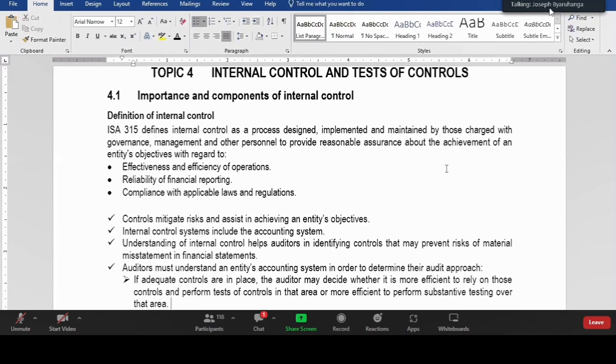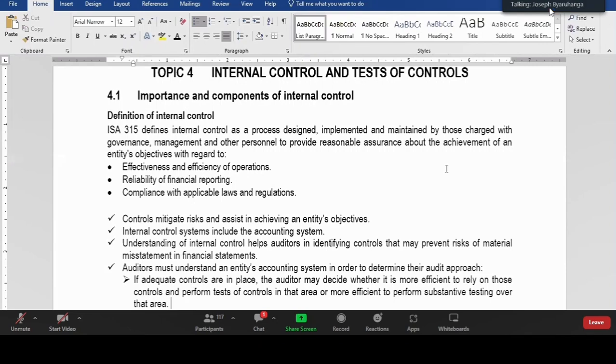Now, internal control systems include the accounting system. So internal control is bigger than accounting. We are just looking at the whole entity, and there are many systems, including the accounting system. But of course, since we are auditing financial statements, we tend to focus on what affects the accounting system.